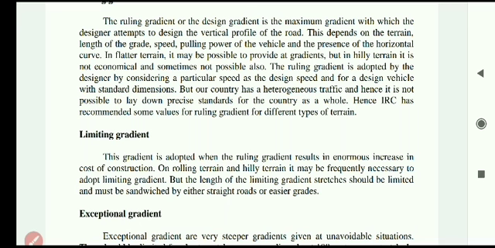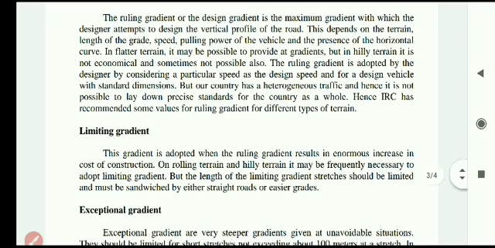These works are heavy in the cost of construction. So at that time, instead of filling or cutting the soil on that particular stretch of road, they will provide a limited stretch of gradient for that particular area. That is known as limiting gradient.